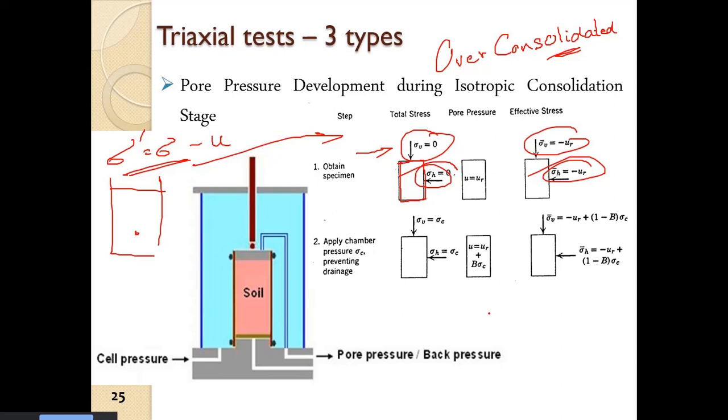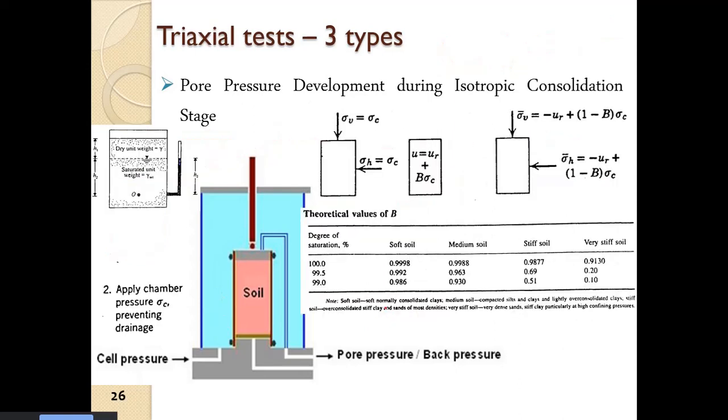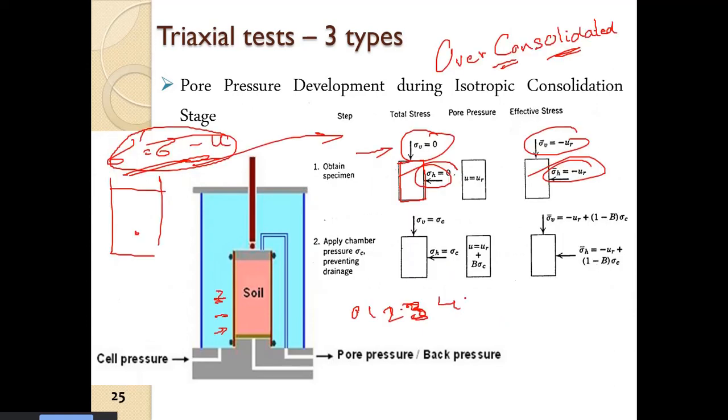Then we go on applying sigma c, 0, 1, 2, 3, 4 like this, up to the point when we come to this state. The soil will definitely behave as over consolidated. Okay. All right.